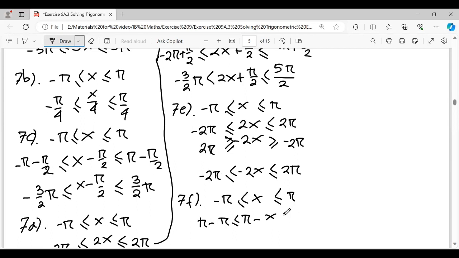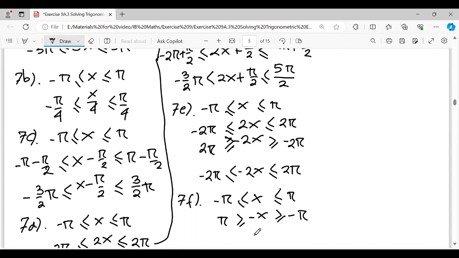Okay. And then this one, minus x first. Okay. If minus x, we change the direction. It becomes positive pi.